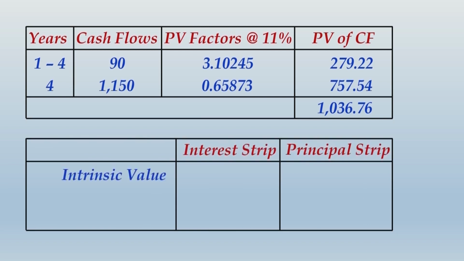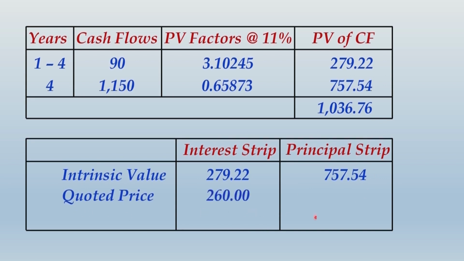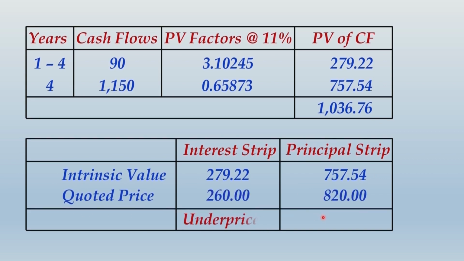Interest strip and principal strip, intrinsic value what we have determined above, 279.22 from this part of the table, 757.54 from this part of the table, and finally when you have noted down the intrinsic values, you may also write up the quoted market price with respect to each of them, and then you find that the interest strip is underpriced and the principal strip is overpriced.